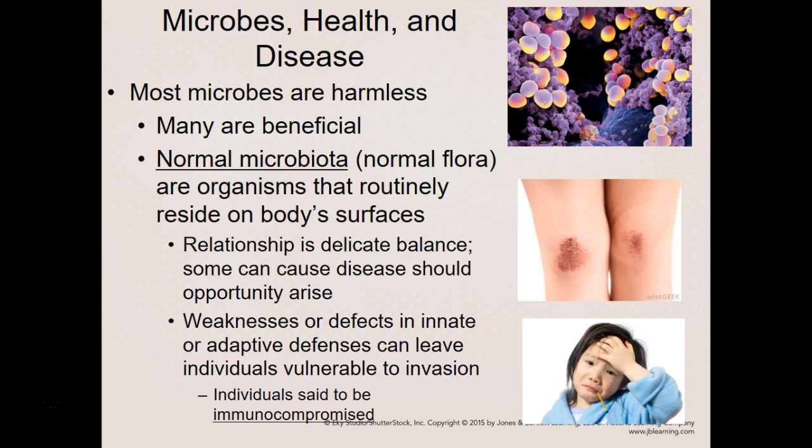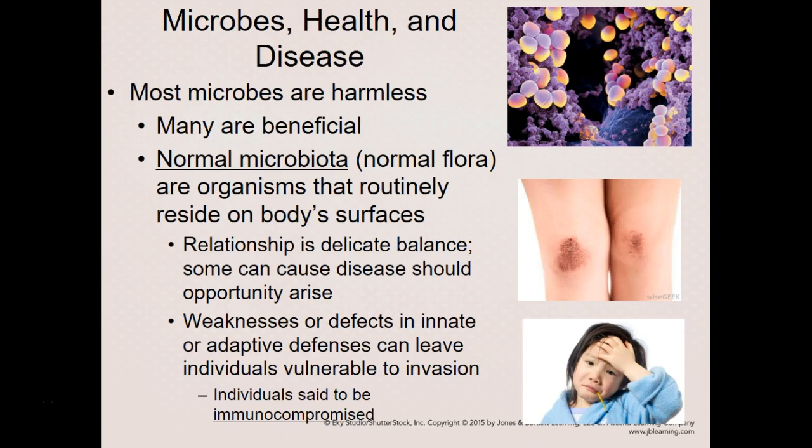So our normal microbes, or our normal microbial flora, are very beneficial. And up here you can see different species, staphylococcal species mainly, that live on us all the time. And they don't cause any problems. They're actually very helpful.